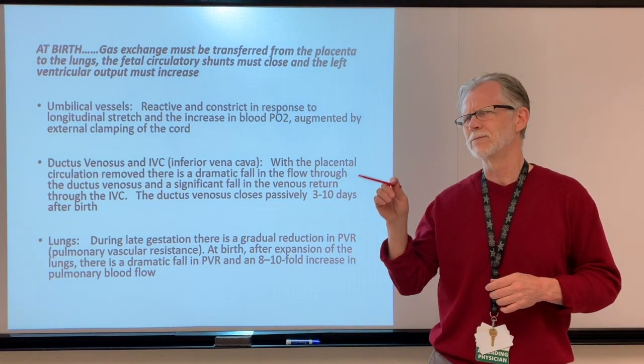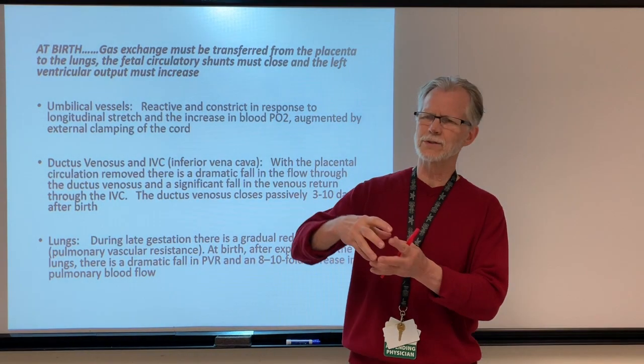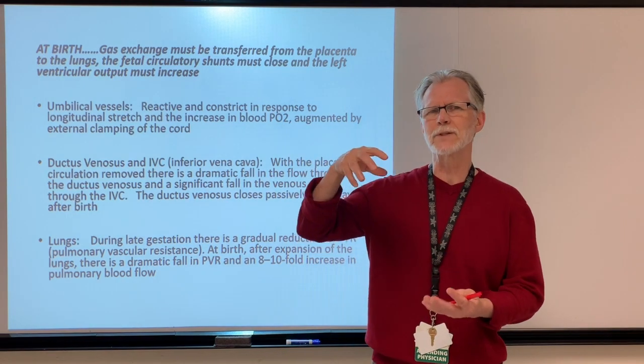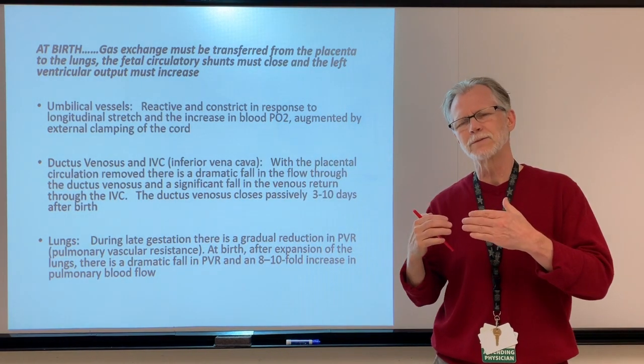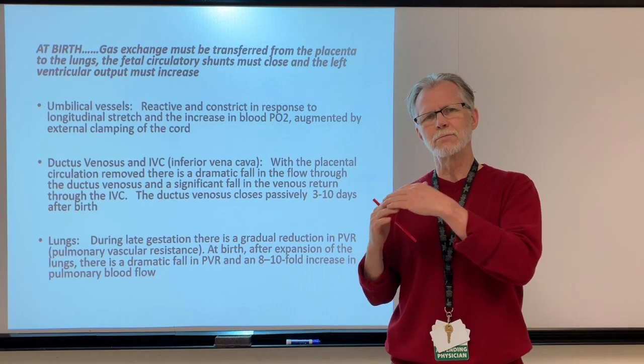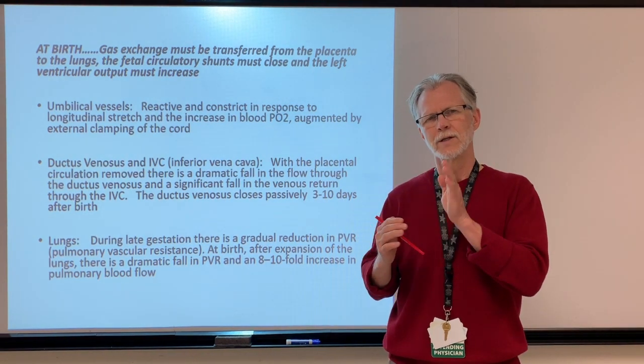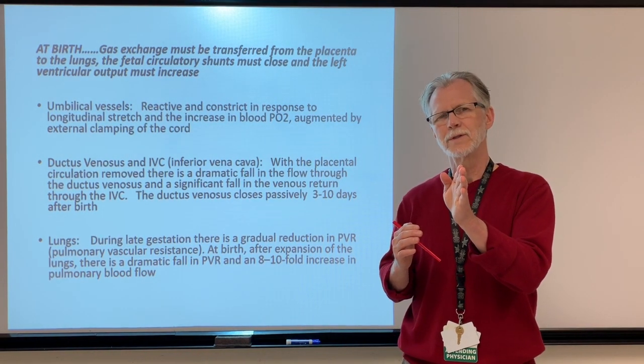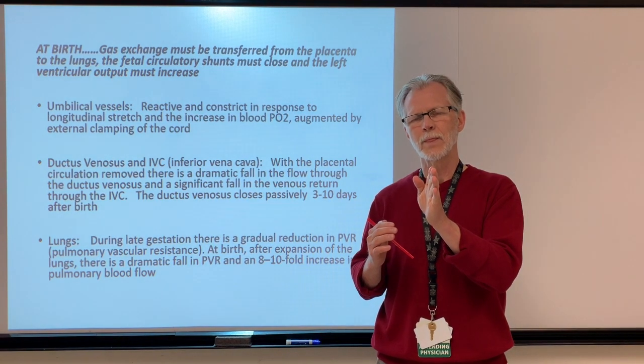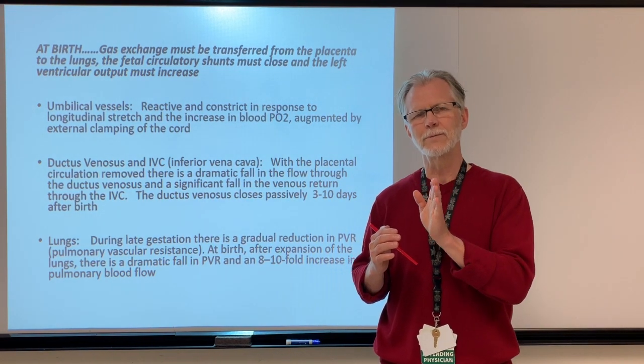Now, in your embryology books, it's an artist's conception of where those blood vessels actually are, but in fact, the shunt that goes from the umbilical vein to the atrium is a direct shunt from the vein to the atrium.